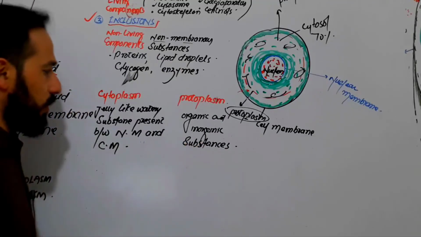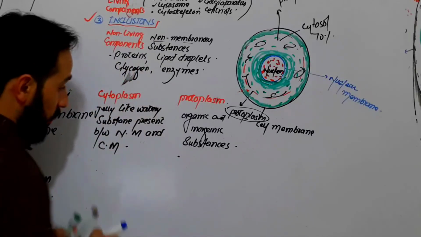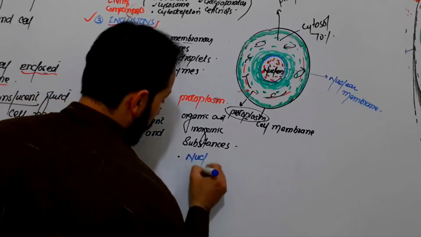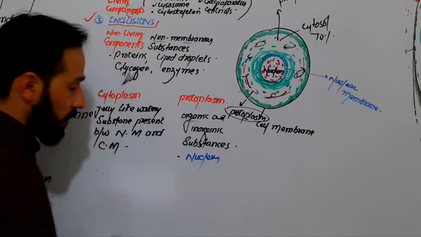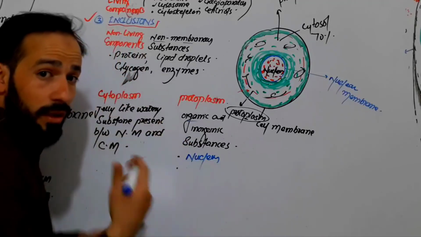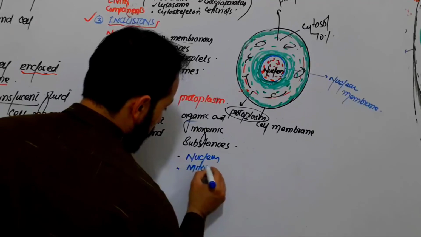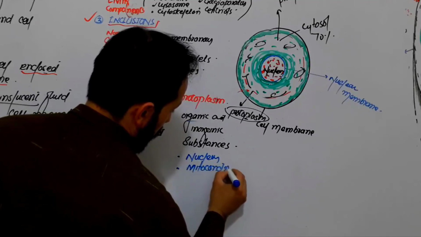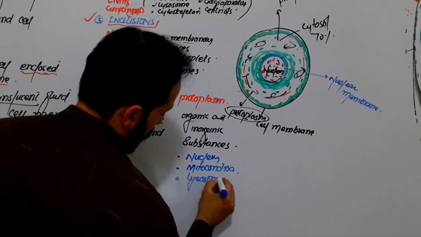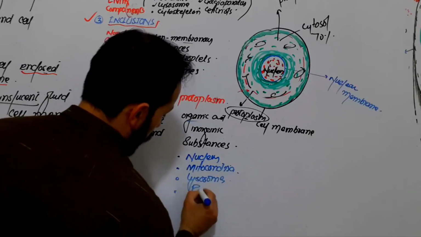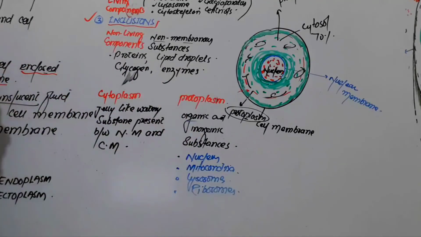For example, what is the protoplasm of the cell? The nucleus is the organic part. Inside the nucleus we also have inorganic substances. There are mitochondria, there are lysosomes, there are ribosomes. All these components are the protoplasm of the cell.